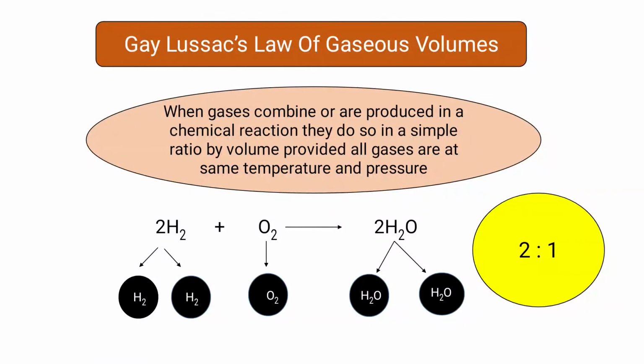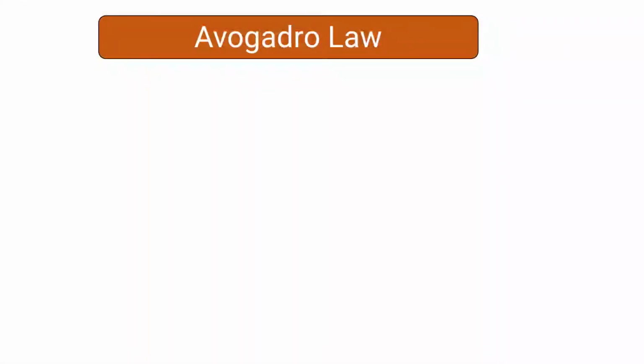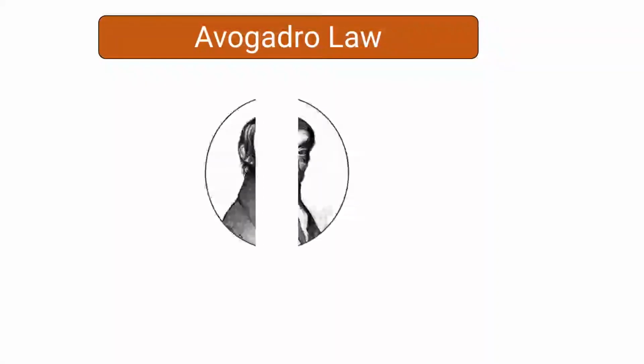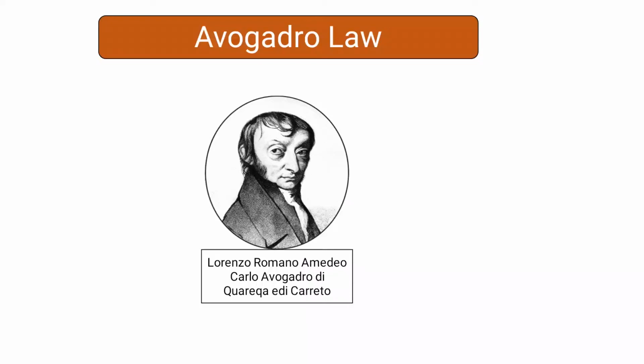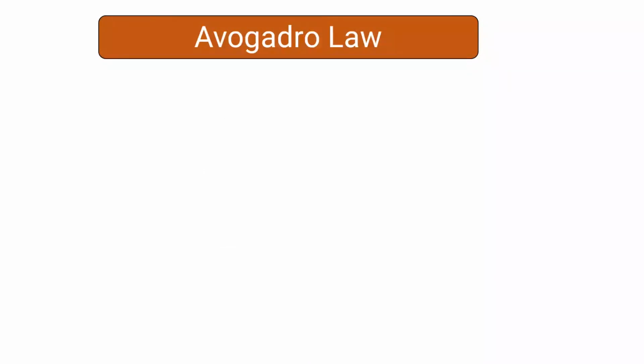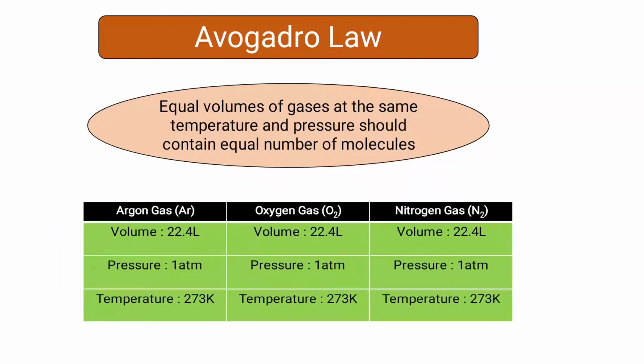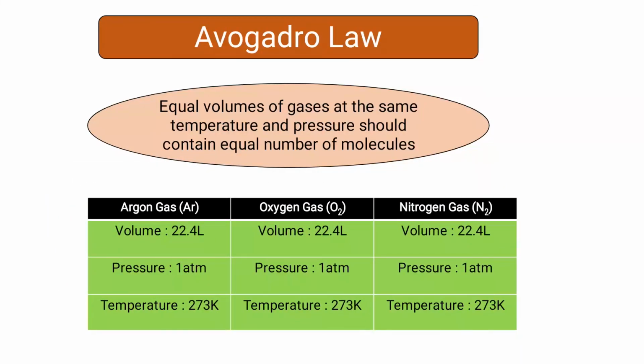Let us now go to the last law, that is nothing but Avogadro law. This law was proposed by Avogadro in the year 1811, and this Avogadro law states that equal volumes of gases at the same temperature and same pressure should contain equal number of molecules.